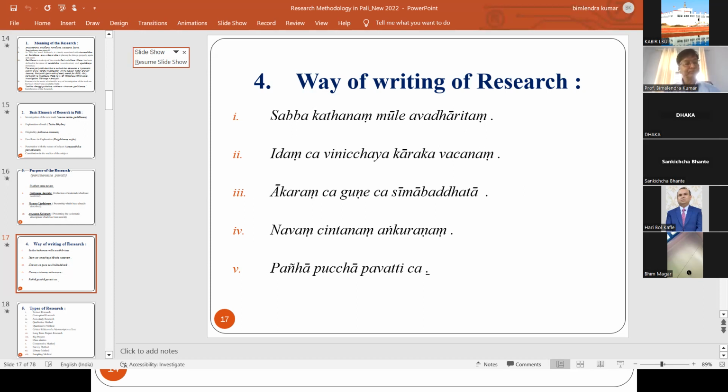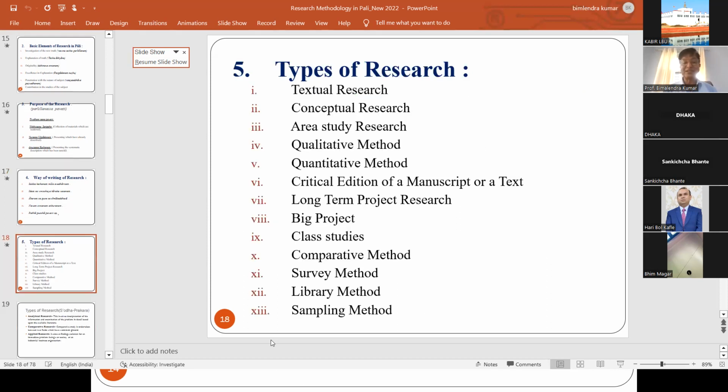So, because time is 10 o'clock, in the next class we'll discuss the types of research in a very detailed manner. In our last class, we had discussed some of the research types in a general manner.